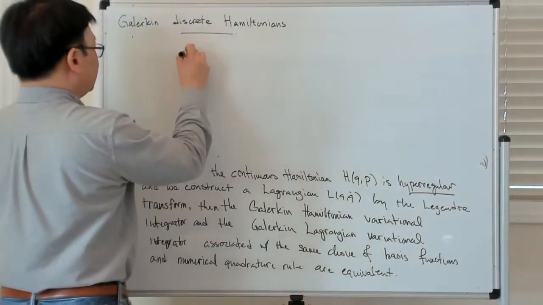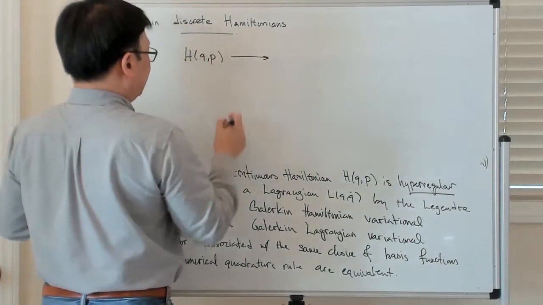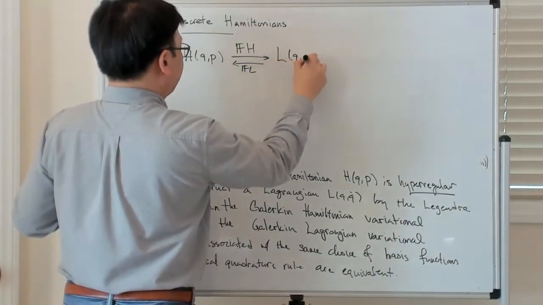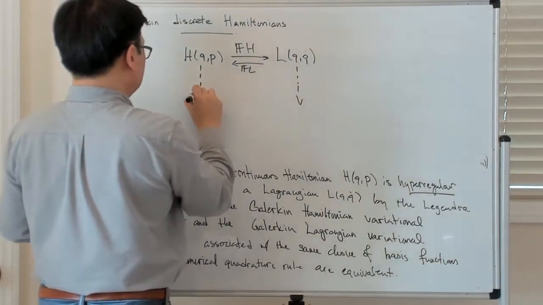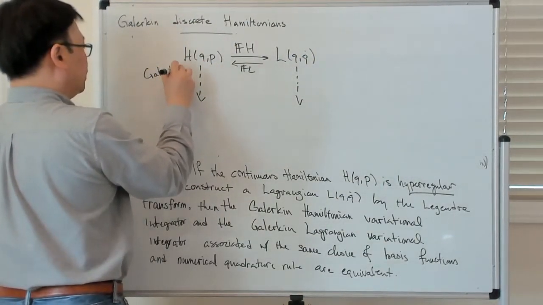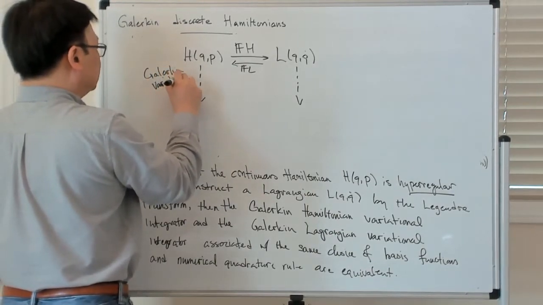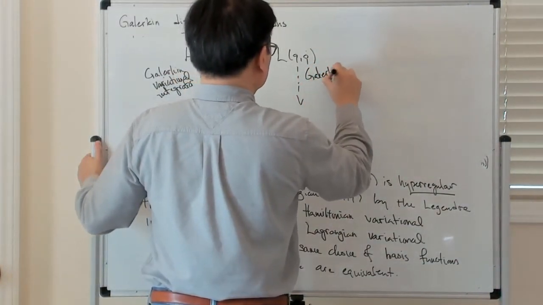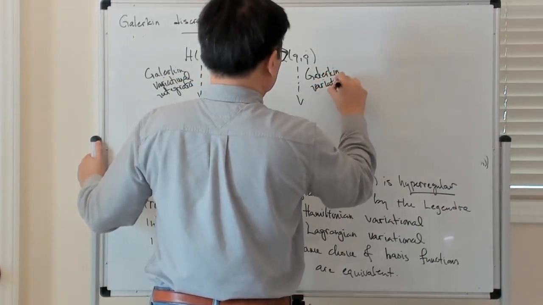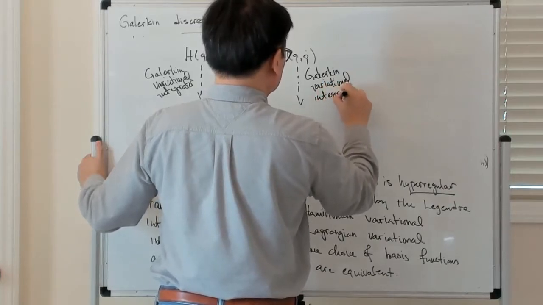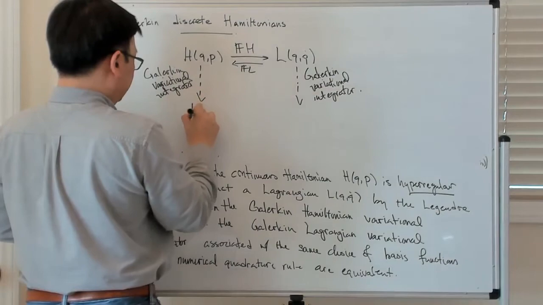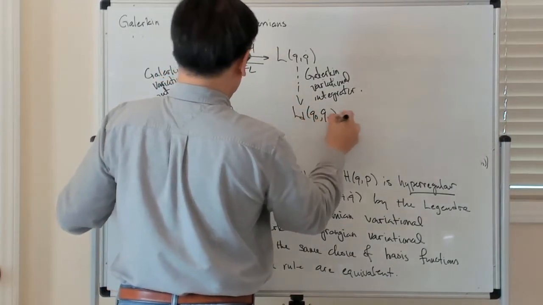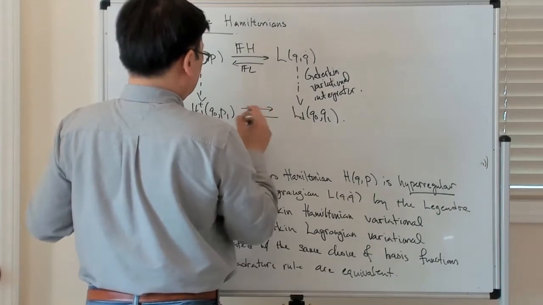If you have a Hamiltonian, related by the Legendre transform to the Lagrangian, and then you have this Galerkin variational integrator construction to get the discrete Hamiltonian or the discrete Lagrangian, then those two things agree in a natural way as well.